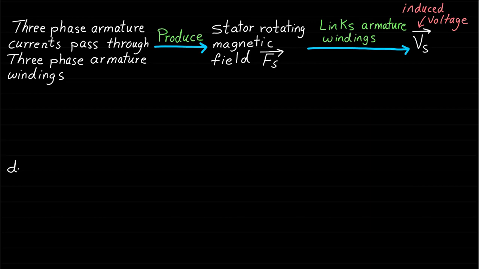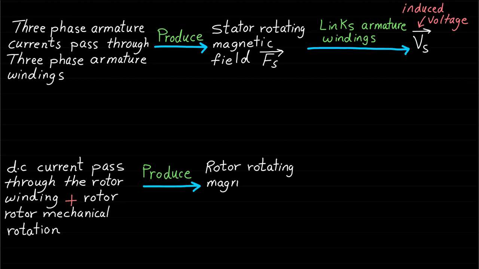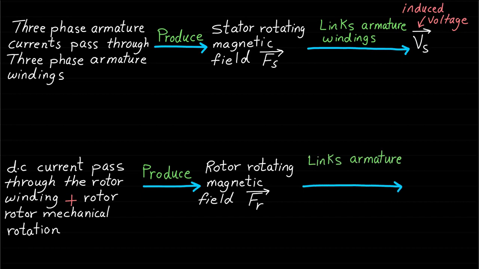Also, when a DC current flows through the rotor field winding plus rotor mechanical rotation, a rotor rotating magnetic field will be produced. This rotor rotating magnetic field, Fr, links the armature windings and induces voltage ER in the armature windings. Now let's pay attention to the following.